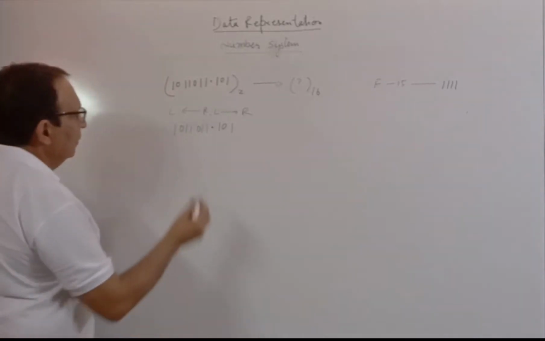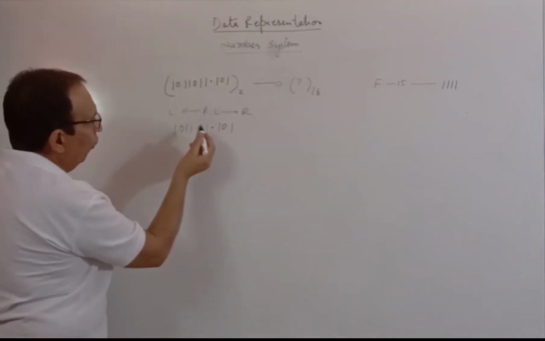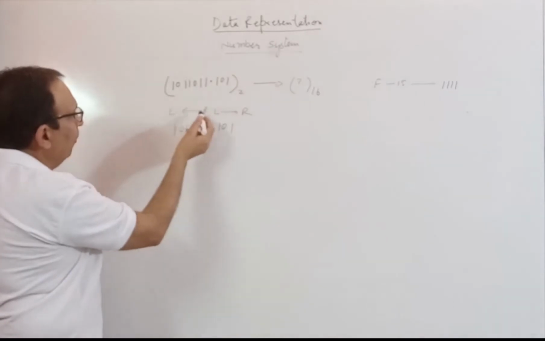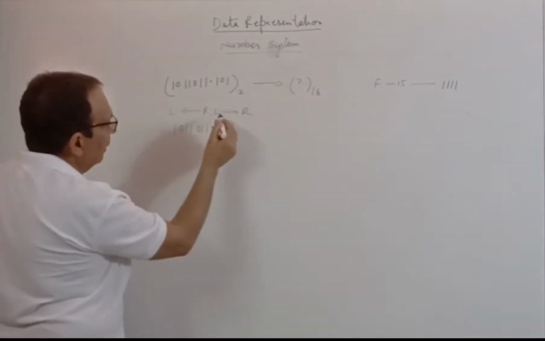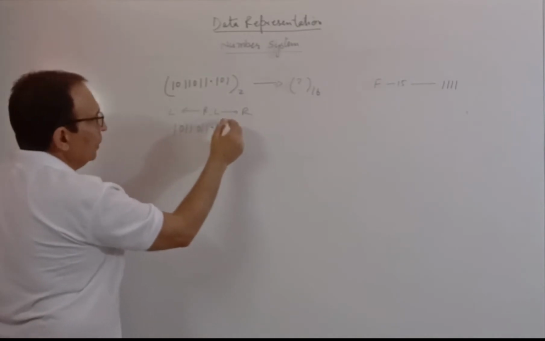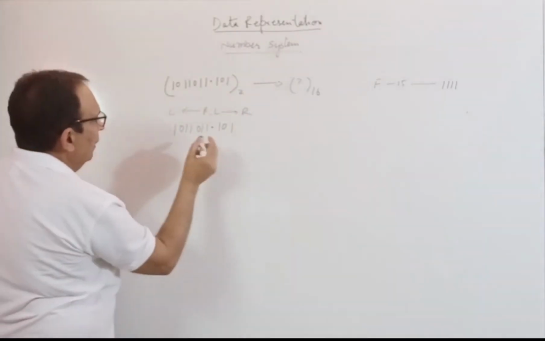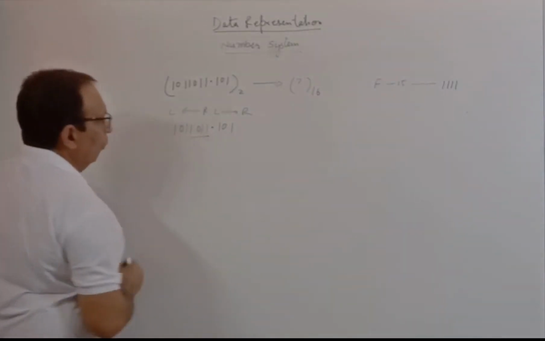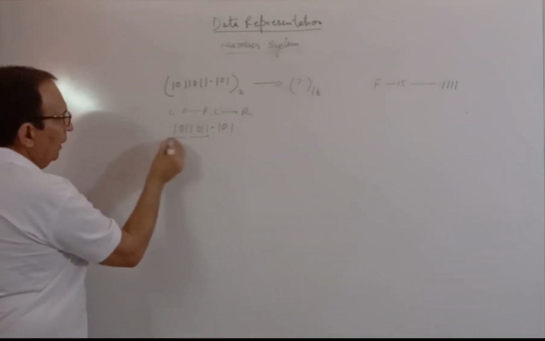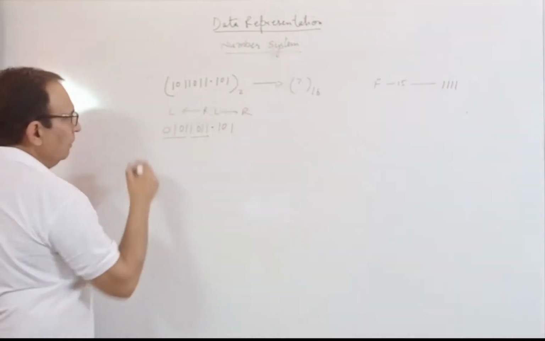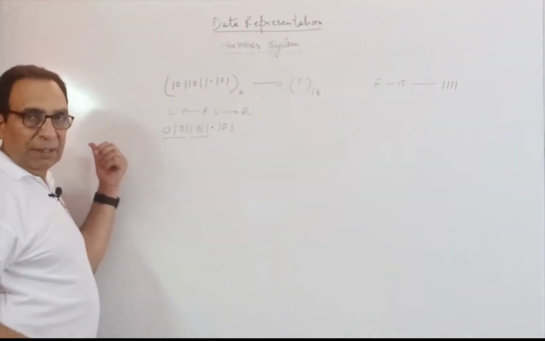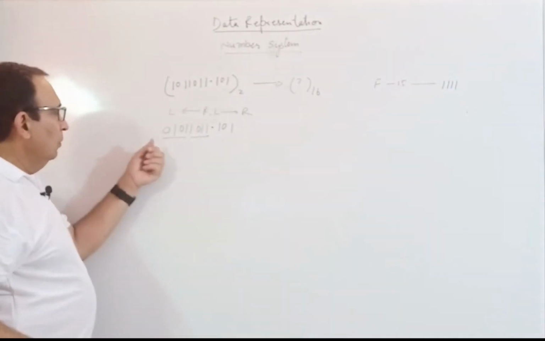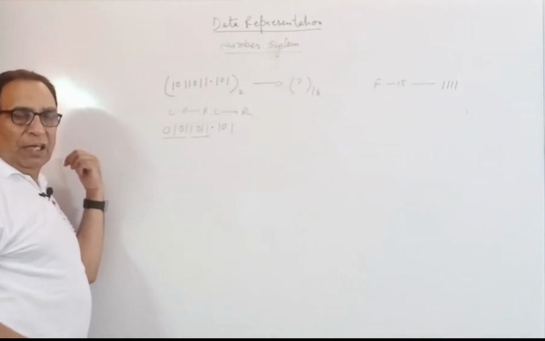What you do now, make groups of 4 bits each from right to left in the part which is before the decimal point, and in the part which is after the decimal point. There are only 3 bits here. You can add as many 0s as you want towards the leftmost side, because zeros on the leftmost side are meaningless.